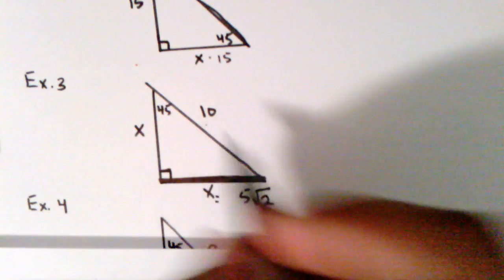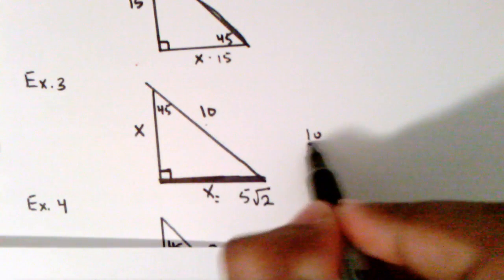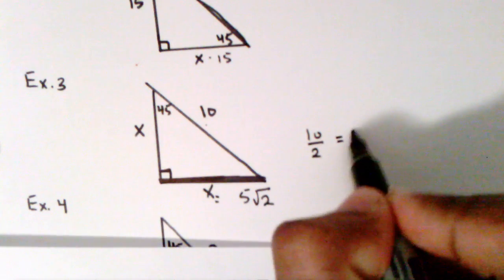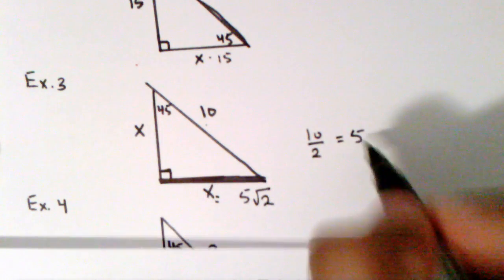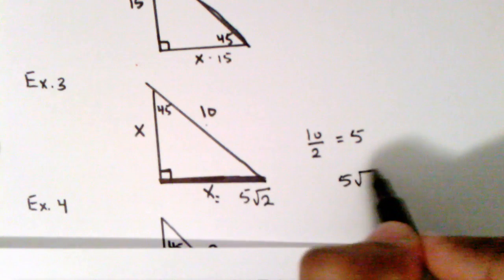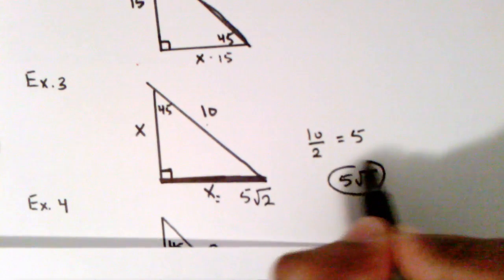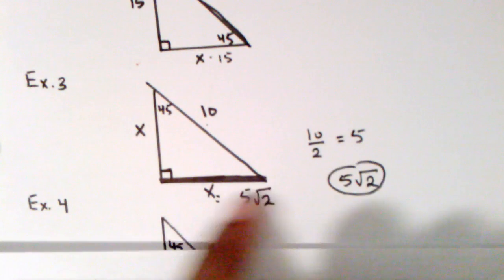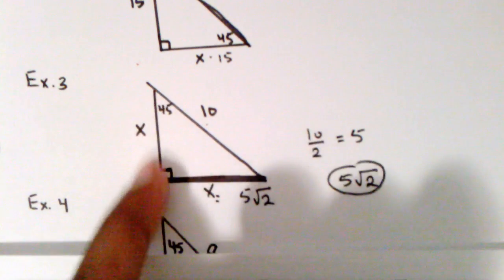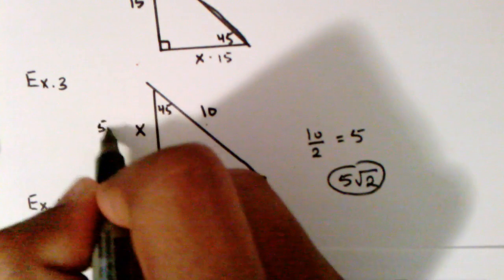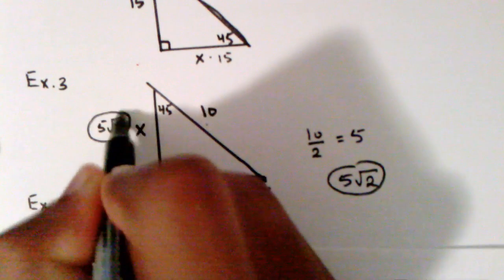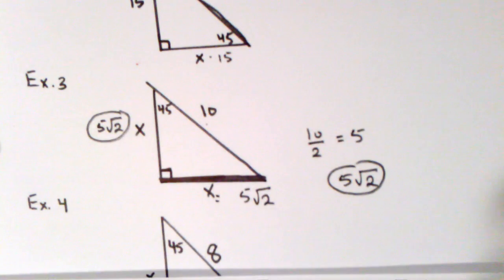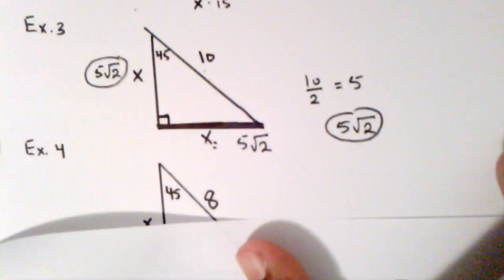You take this number, 10, you cut it in half, divided by 2, that gives you 5, and then you multiply it times radical 2, and that's going to be the leg. So this is 5 radical 2, and this is going to be 5 radical 2. It's that simple.